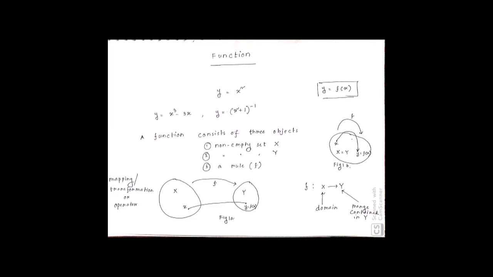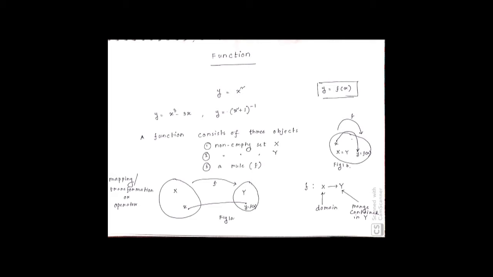In general, there is no need at all for either X or Y to be a set of numbers. All that is really necessary for a function is two non-empty sets X and Y and a rule. So a function consists of three objects.